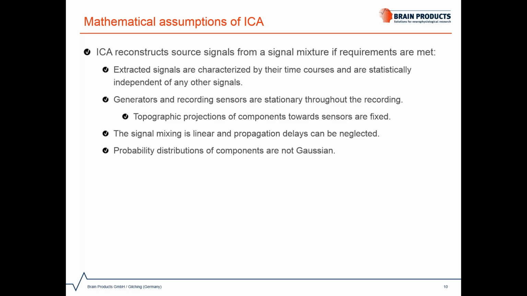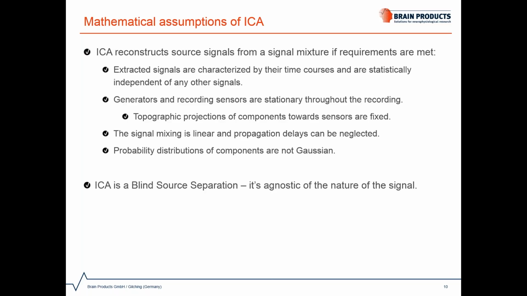But we could also assume it for specific physiological processes that are well defined by an ERP with a fixed neural generator. This assumption is the main reason why we can generate component topographic maps, as the projections from components to sensors are fixed. The mixture of the source signals to the mixed EEG signal needs to be linear, and propagation delays can be neglected. The source signals or independent components cannot have a Gaussian probability distribution. Why this is the case, we will see later.